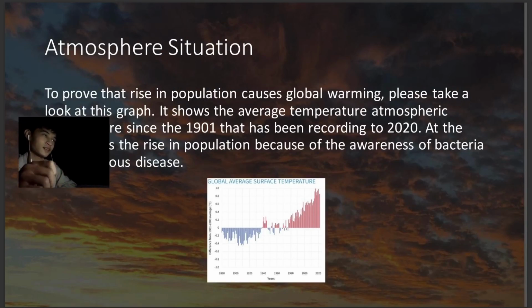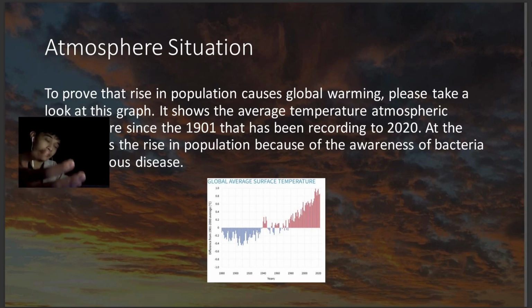The next slide that we'll be talking about is the atmospheric situation. To show that the rise in population causes global warming, you have to look at this graph at the bottom, which shows the temperature from 1901 until 2020. It has been shown that the average temperature of the surface is rising, which is caused by the rise in population.